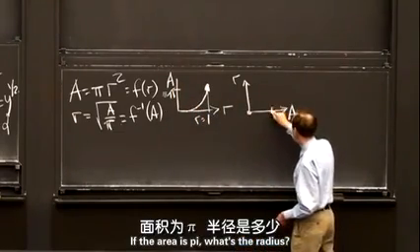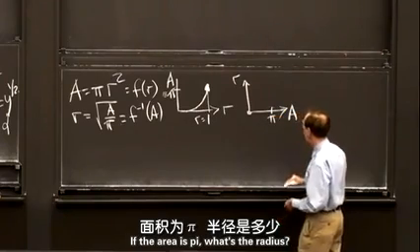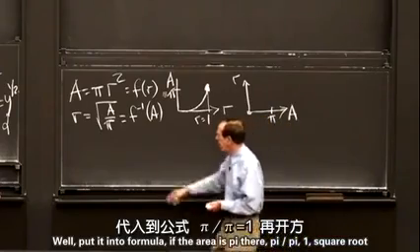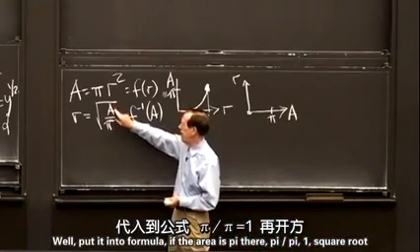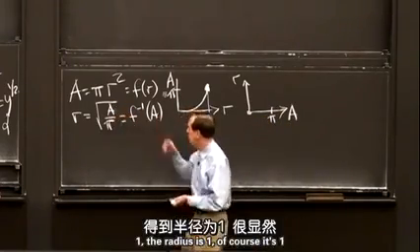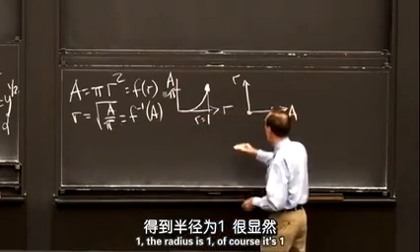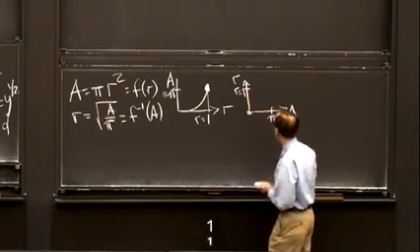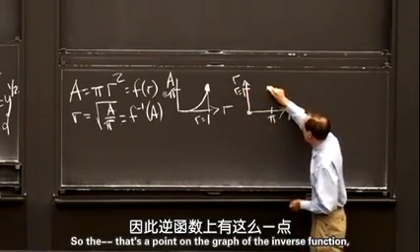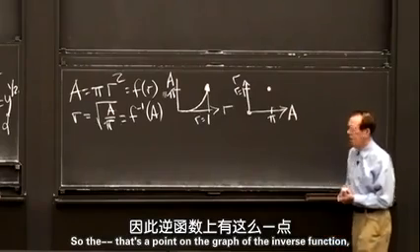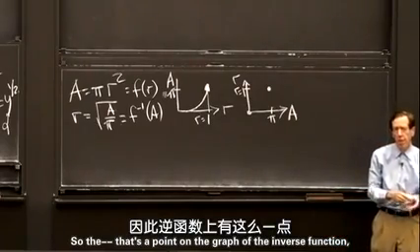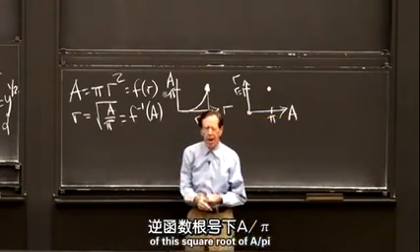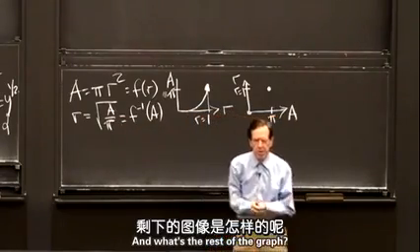If the area is pi, what's the radius? Well, put it in the formula: pi over pi, 1, square root 1. The radius is 1. Of course it's 1. So that's a point on the graph of the inverse function, the square root of a over pi. And what's the rest of the graph?